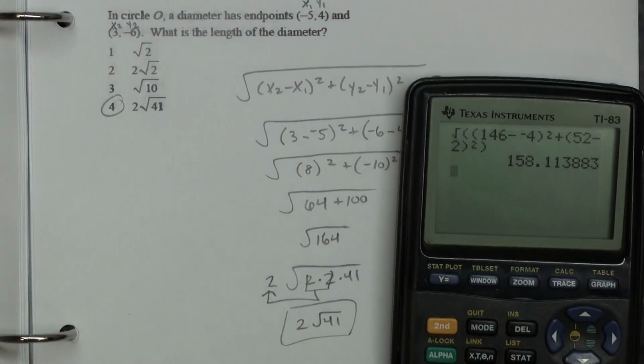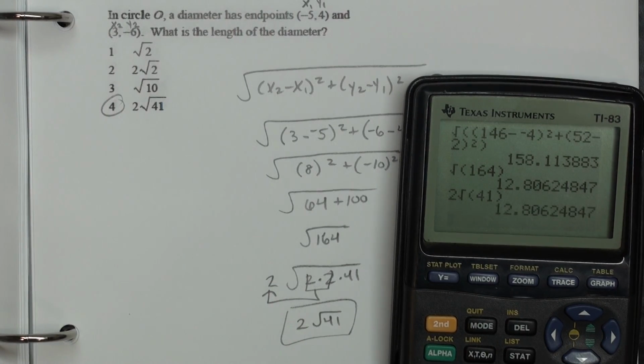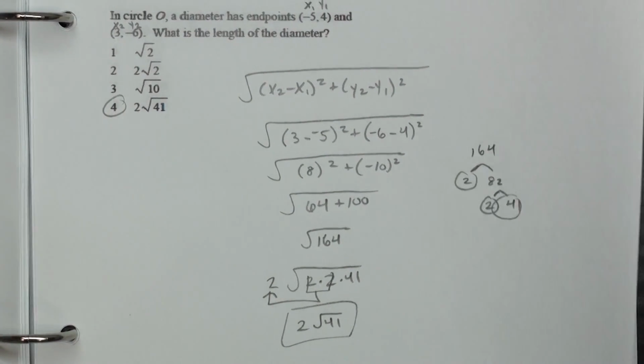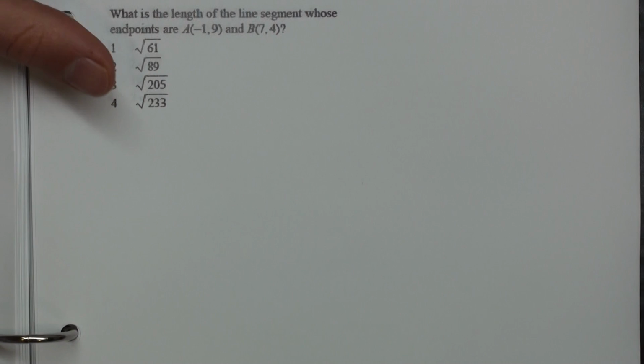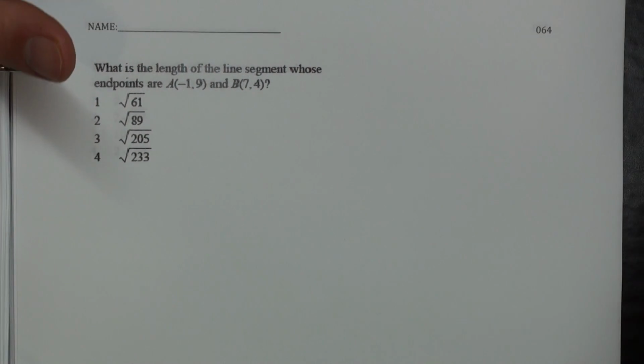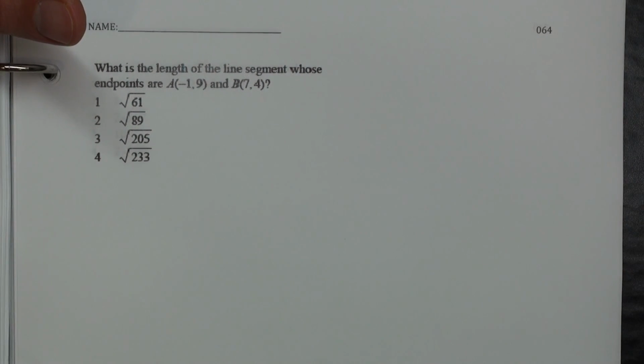Let's check. Square root of 164. 2 square root of 41. Same thing. Okay, 64. Let me just sharpen. Oh, this one's good.